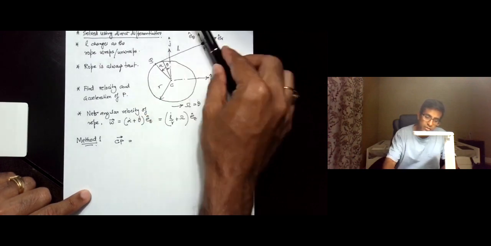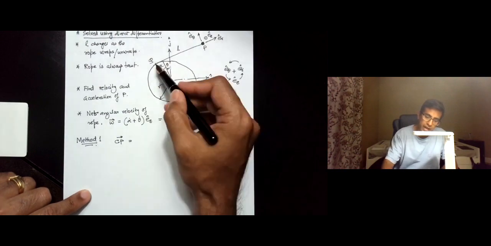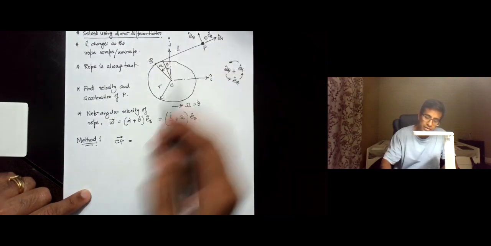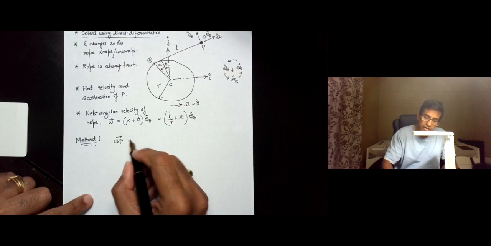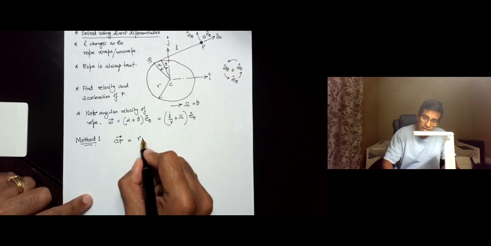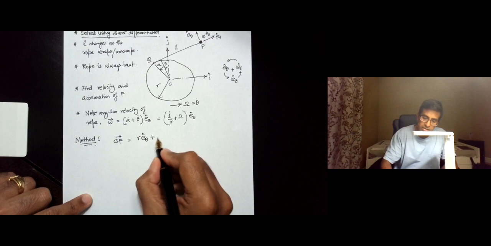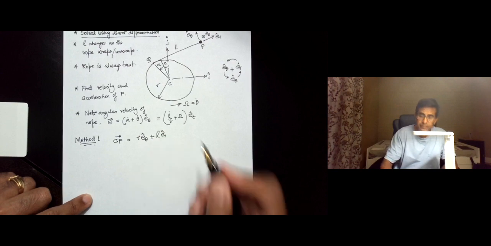So Cq is parallel to E theta, and Qp is in the direction of Er. So therefore the vector Cp is R E theta plus L Er.